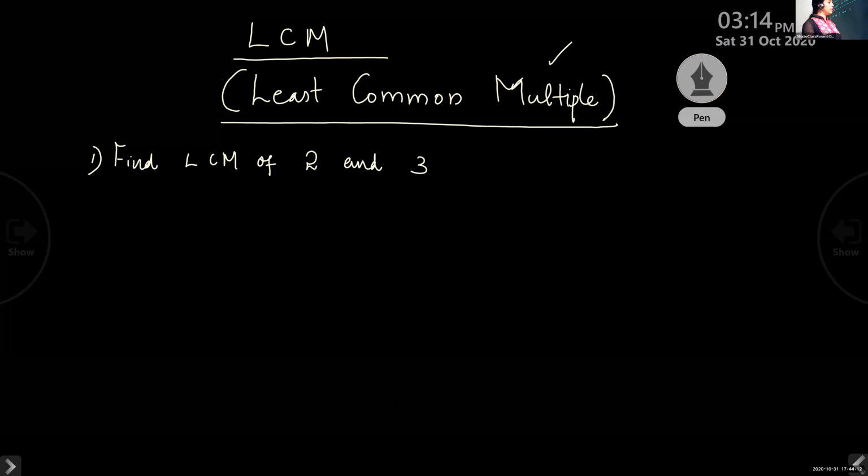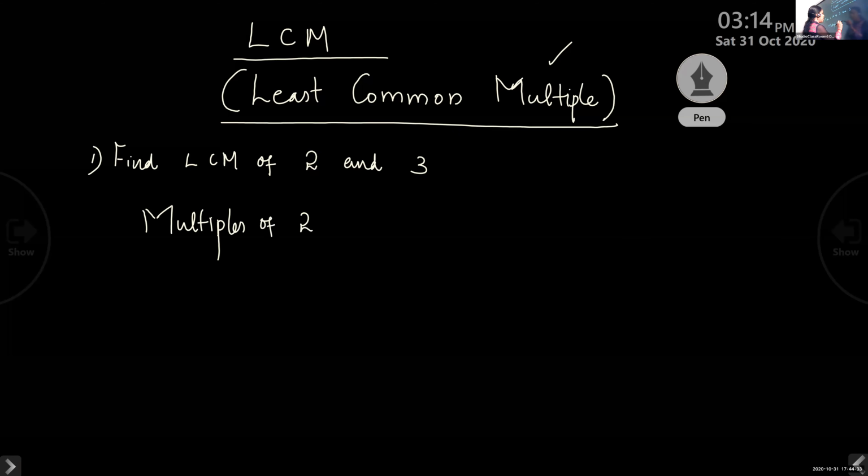Those are known as multiples. Multiples of 2 are 2, 4, 6, 8, 10, 12, 14. Let me write the multiples of 2.